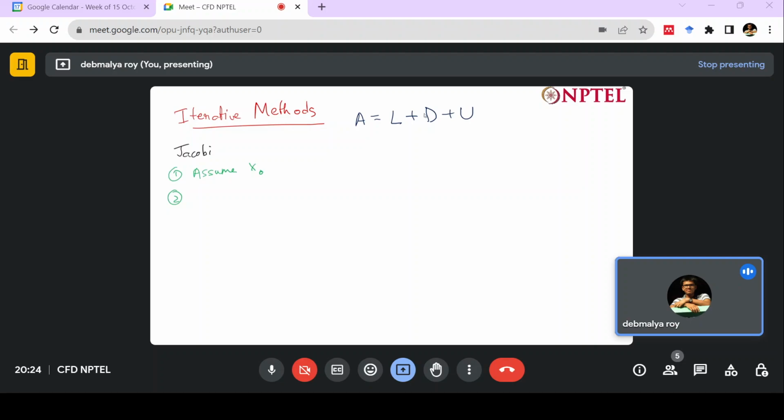So we have to ensure that the diagonal contains all the larger coefficients. It must be rearranged in such a way. If you see the example problems that we did in this portion, you will understand how we can rearrange the equations in such a way.